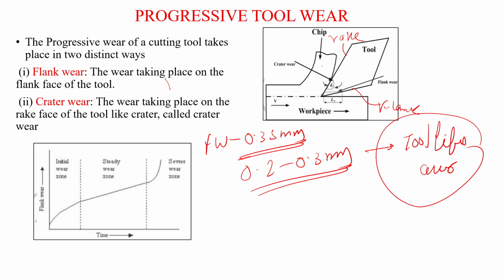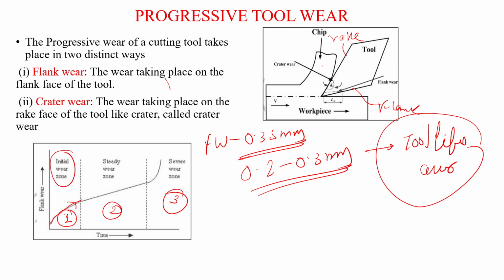When you are machining, the flank wear mainly occurs in three regions. One is region number 1, this one is region number 2, and one is region number 3. Region number 1 is called the initial wear zone. When the tool is in contact with the workpiece, initially it is very active at the early stages, so the wear increases very rapidly, at a very fast rate.